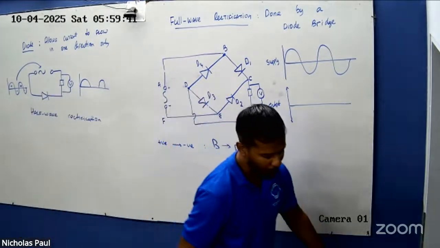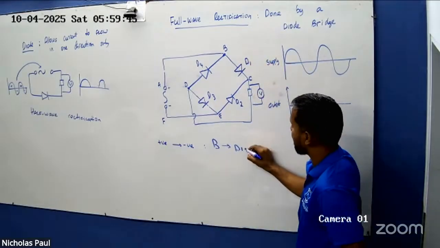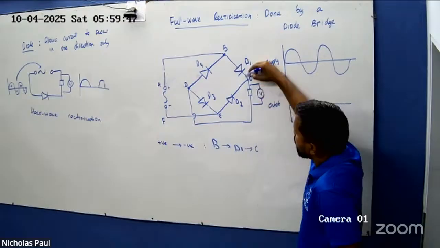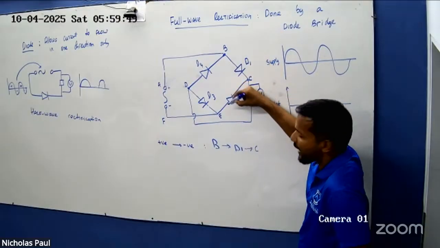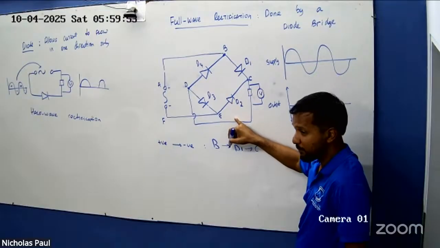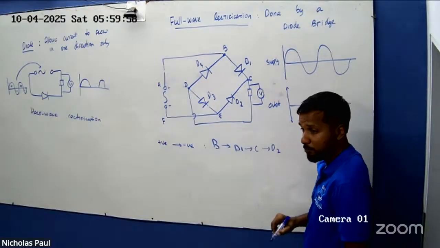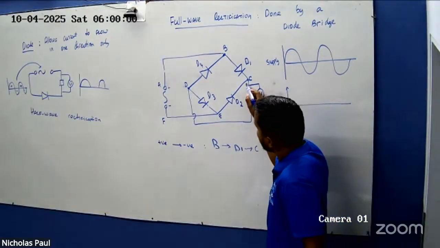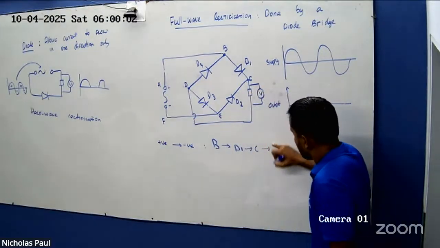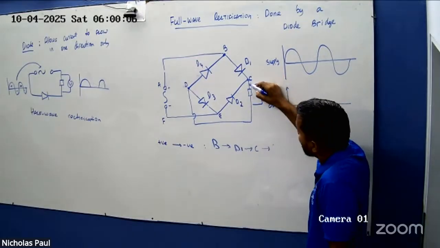When it reaches diode 1, it will come to C. At C, will it go back down diode 2? No, because diode 2 is reverse bias. So it will not go to D2.